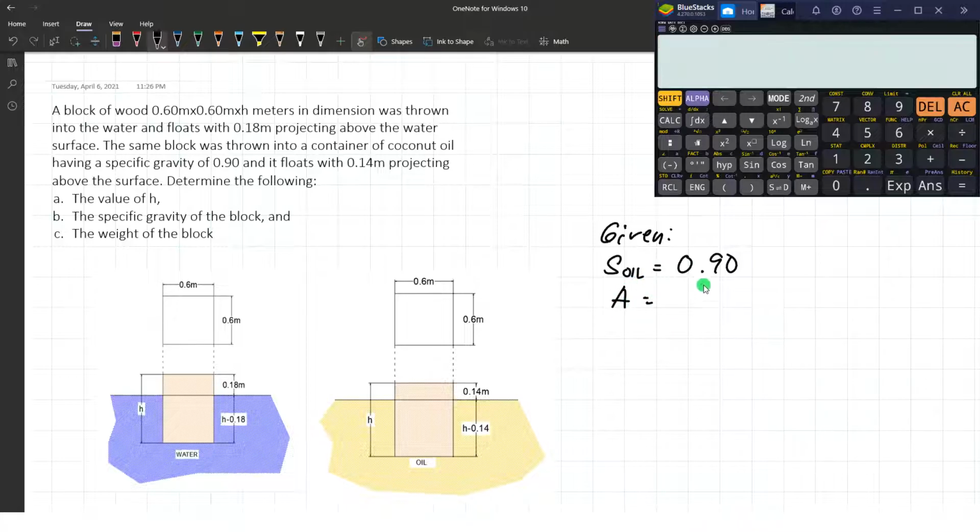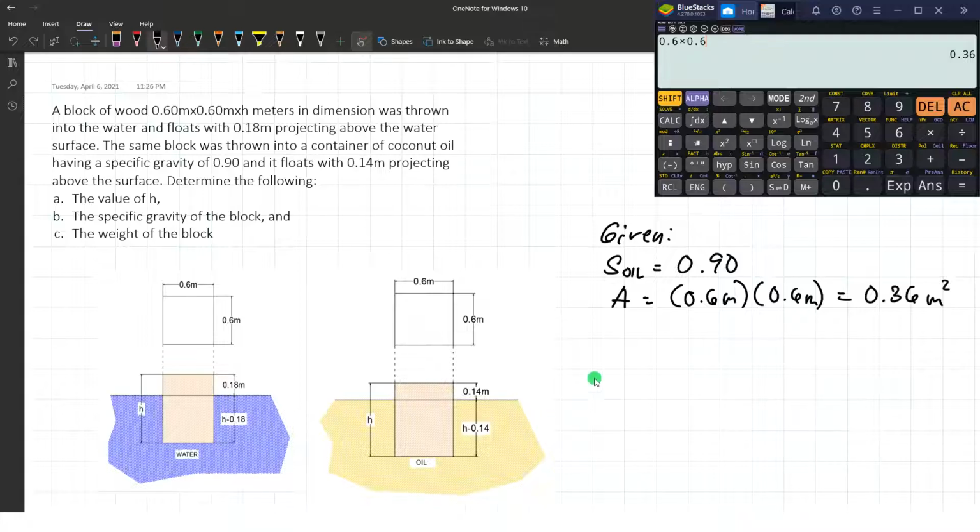So we simply write that as the cross-sectional area, which is 0.6 by 0.6, so that equals 0.36 square meters. Now, there's no other given.